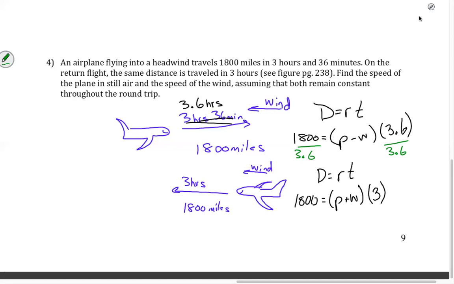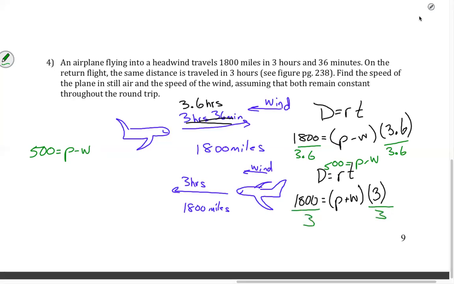That's 36 over 10, so this is going to be 500 equals P minus W. So I'm going to write that over here. 500 equals P minus W. Don't worry, I can do this one.